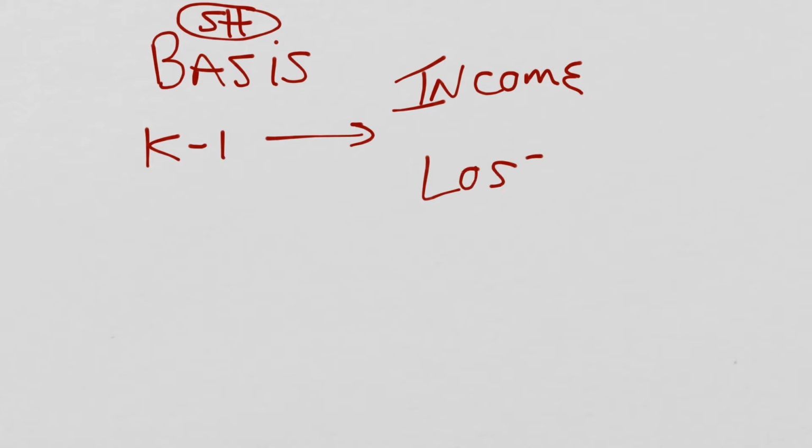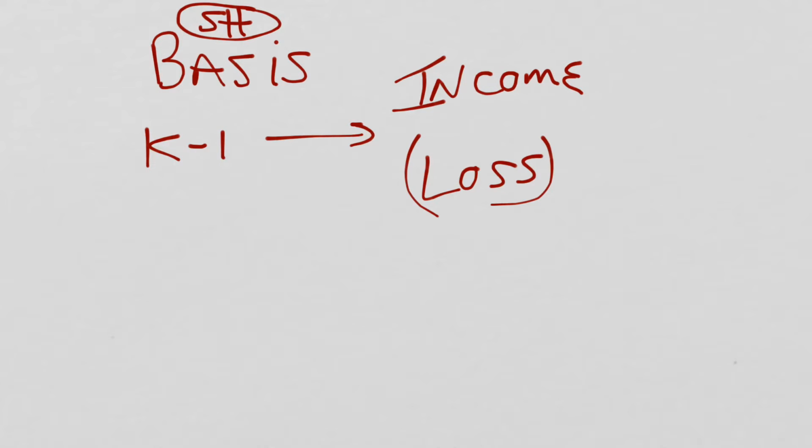So the S corporation gives the K1 to the shareholder. This we learned about. And at that point, the shareholder follows what the K1 says to do. Either it's an income item of pass-through, or the corporation had a loss, so it's a loss pass-through, or it's something else.